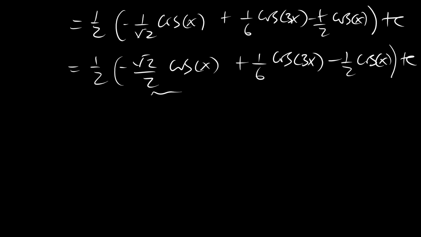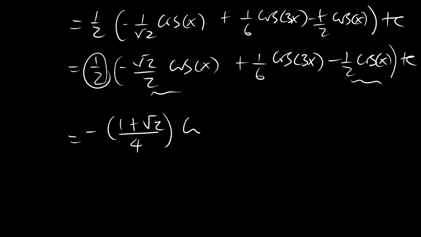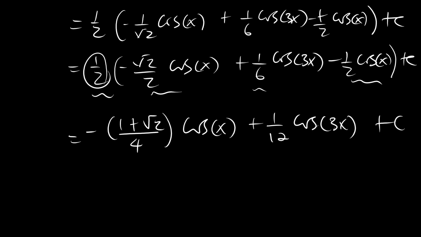So we can bunch this together, and then we multiply by this constant, so we have negative 1 plus root 2 over 4 cosine of x, and this times this, we have 1 over 12 cosine of 3x, plus c.